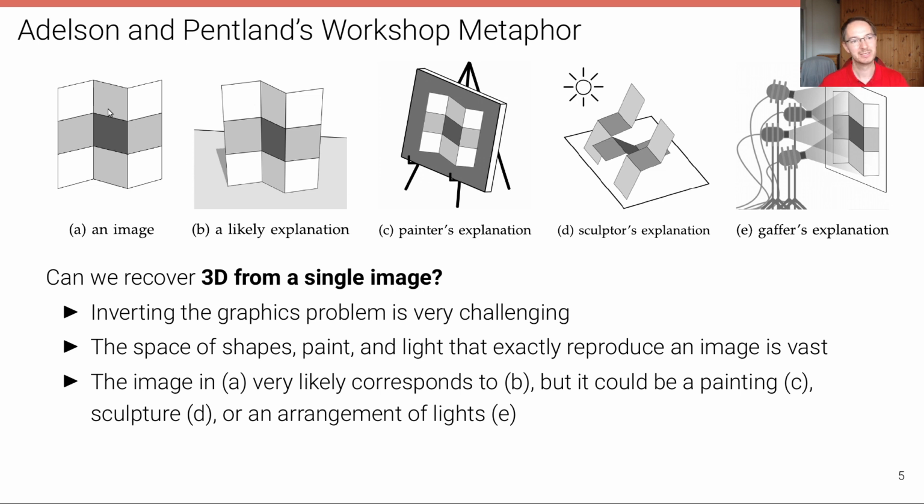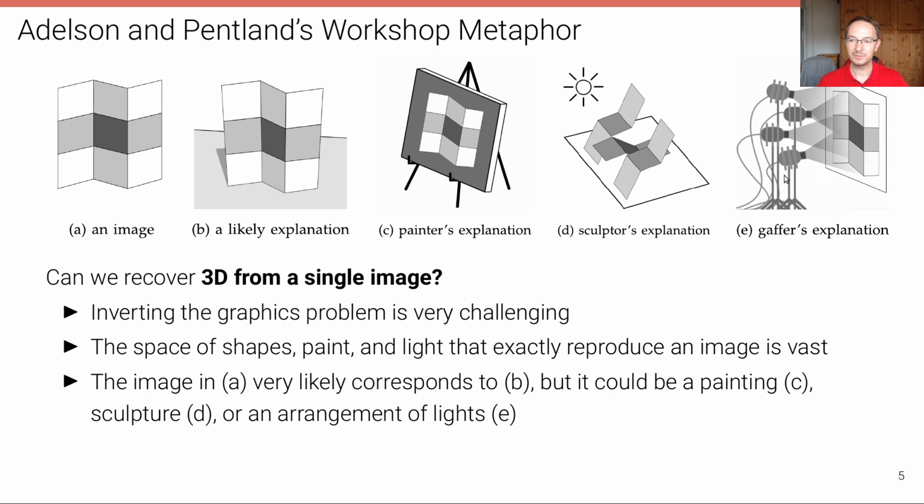It could be that what we look at here as an image is simply a painting. We have taken a photograph of a painting that shows exactly that set of pixel configurations. It could also be that there was a sculptor that has sculpted a set of objects like this that, if illuminated from the right angle, also give rise to exactly this image.